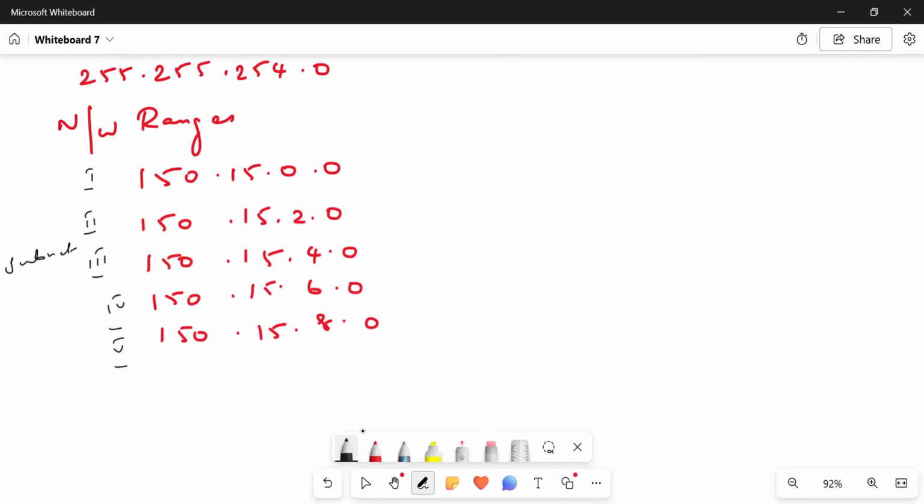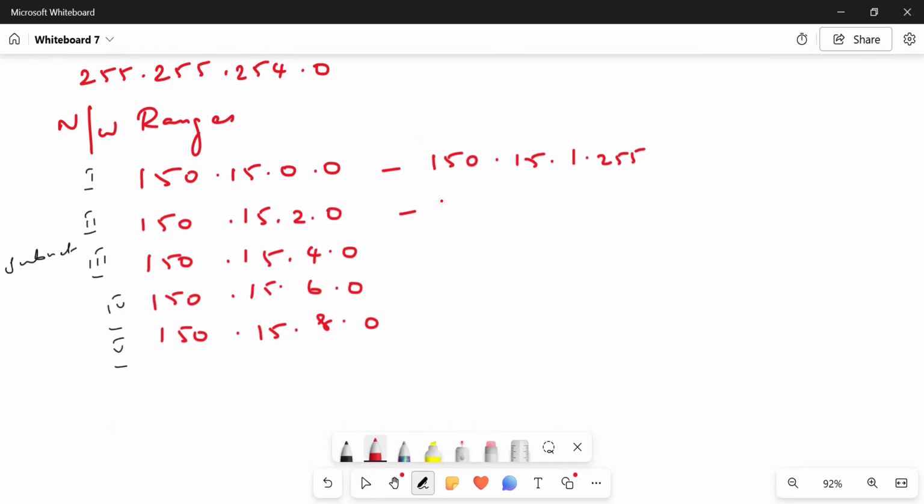Okay. So now we can write the range. The previous address before each network address: 150.15.1.255.